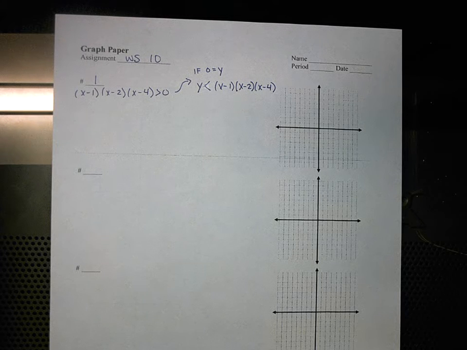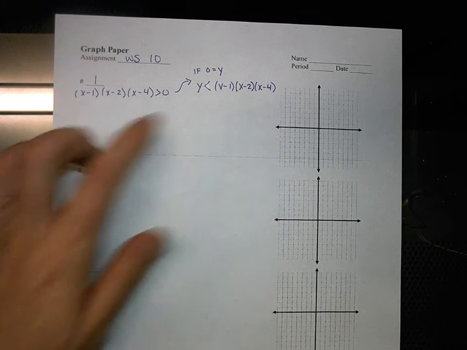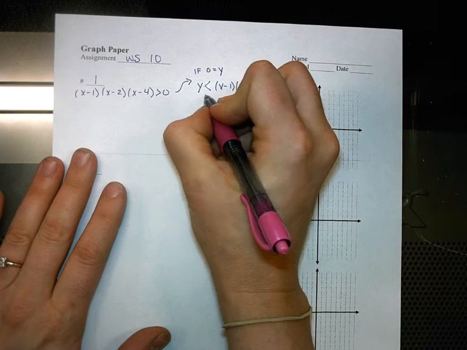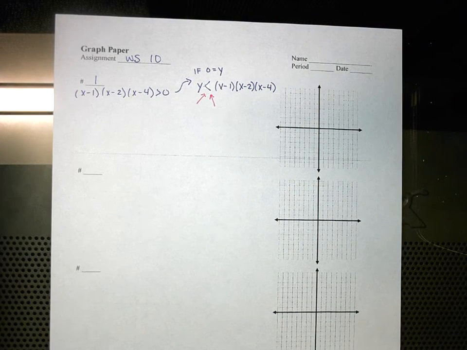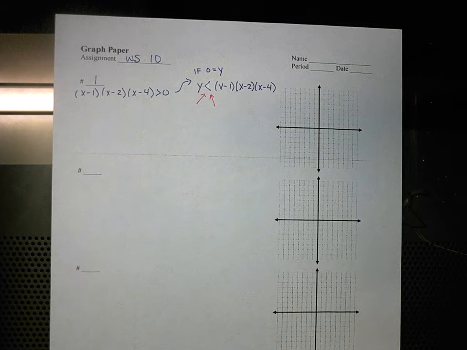That tells me a couple different things. First of all, it tells me whether my boundary line is going to be dashed or solid. Is it going to be dashed or is it going to be solid? Dashed.